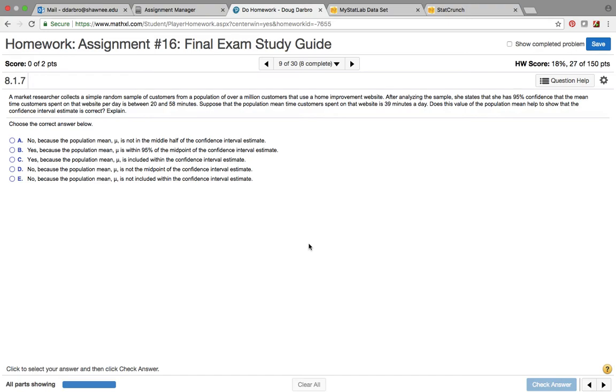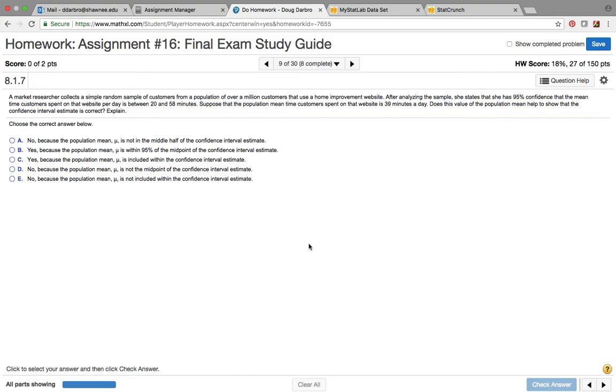Okay, a marketing researcher collects a simple random sample of customers from a population of over 1 million customers that use a home improvement website. After analyzing the sample, she states that she has a 95% confidence that the mean time customers spent on that website per day is between 20 and 58 minutes.